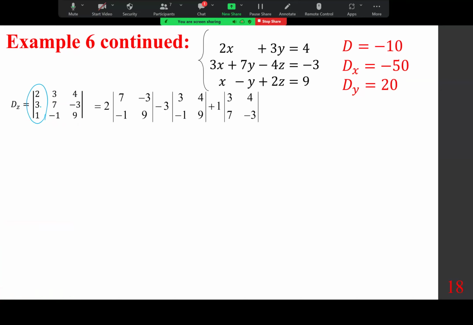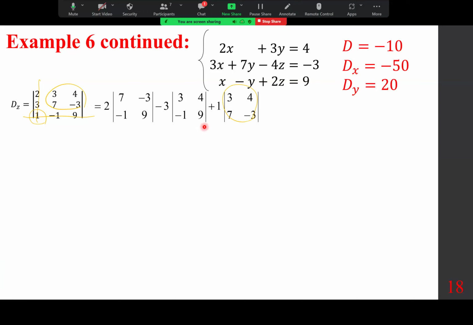We alternate the sign for the second one. That's why we get a negative here. Negative and the number 3 times what is left. 3, 4, negative 1, 9. Okay. And then plus this number times whatever is left. So I hope you see it's very straightforward.